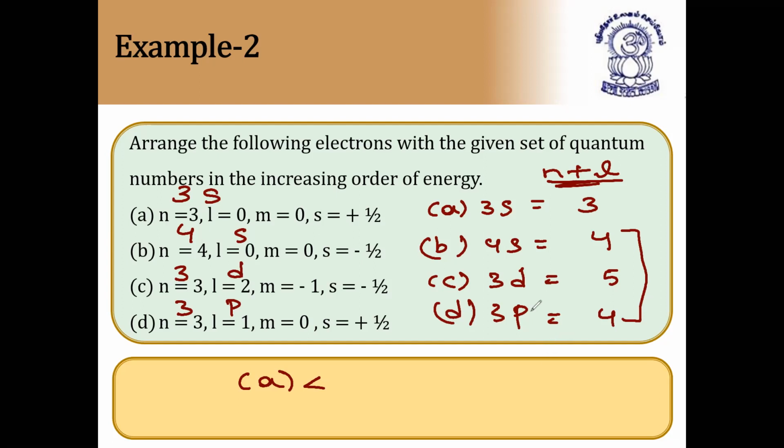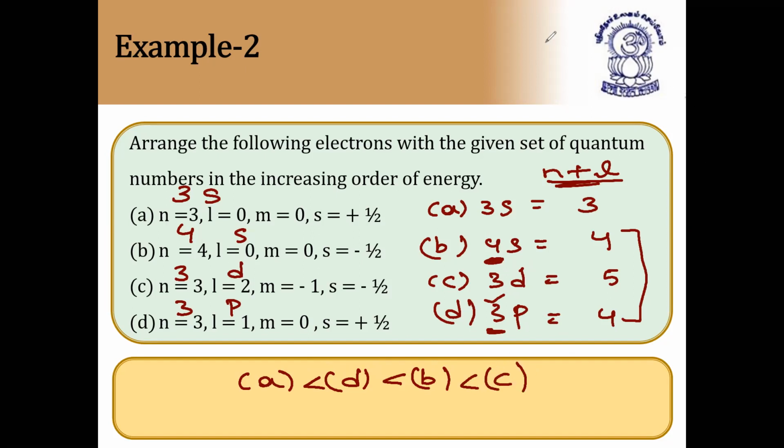So 3p is lower, because the principal quantum number is 3 for 3p, whereas for 4s it is 4. So lower principal quantum number will have lower energy. So A is less than D, D is less than B, then finally C, because C is having 5.